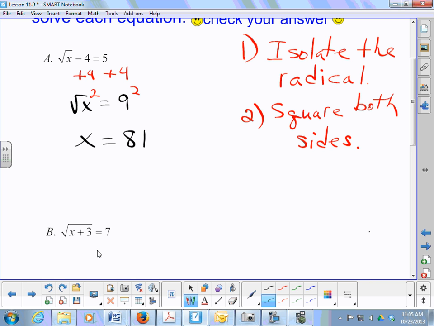Even if you write "checked on calculator," or you actually show that you did the square root of 81 minus 4 equals 5, 9 minus 4 equals 5. When you actually do check things, the last line should be exactly the same: 5 equals 5.